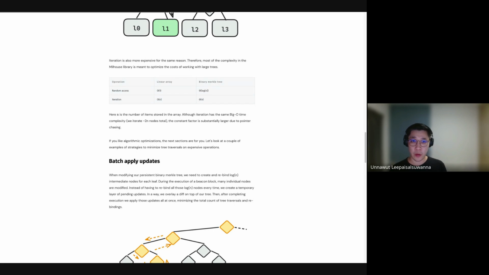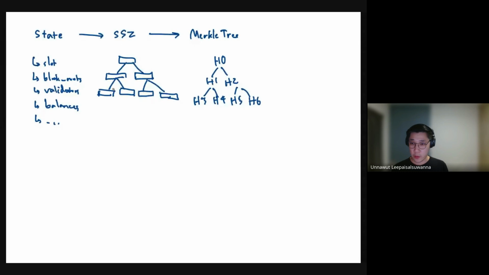So basically, if you want to serialize the state, you have to input the entire thing in there, and then it will serialize and merkleize the state for you, right? There is no library that lets you say, oh, I only want to change the slot. Please keep track of the rest of the serialization and the roots, and then recompute only the parts that changed.